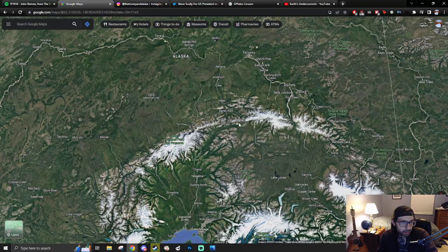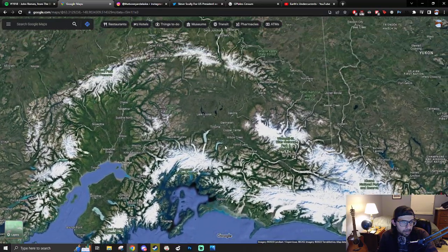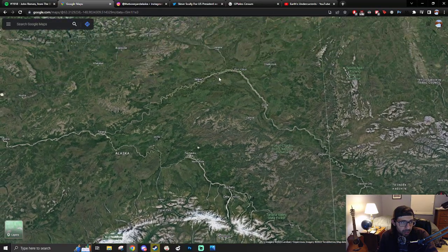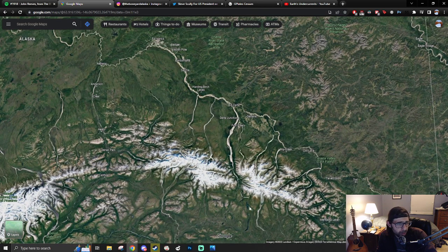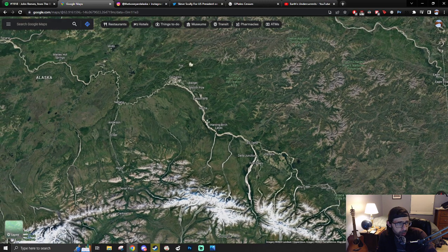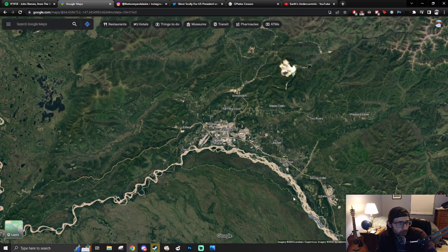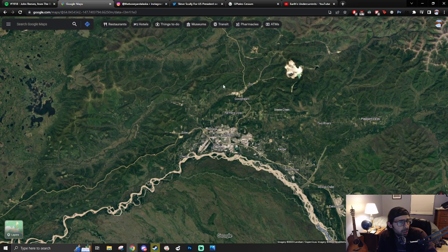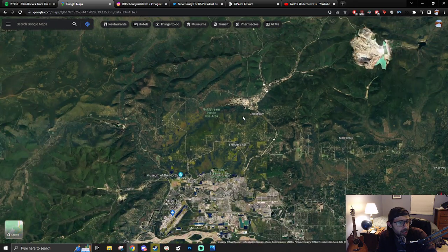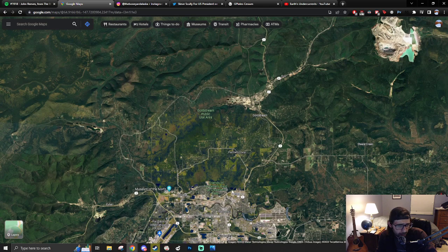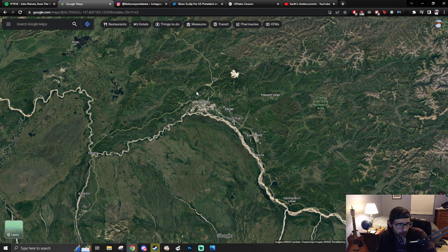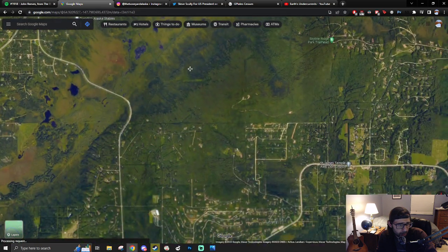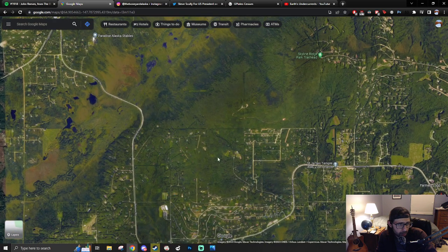But maybe through here. It's just kind of like how it maybe, but then I guess it would have gone this way. Like this is a low valley. Looks like a pretty low-lying area, relatively speaking, just by the terrain.